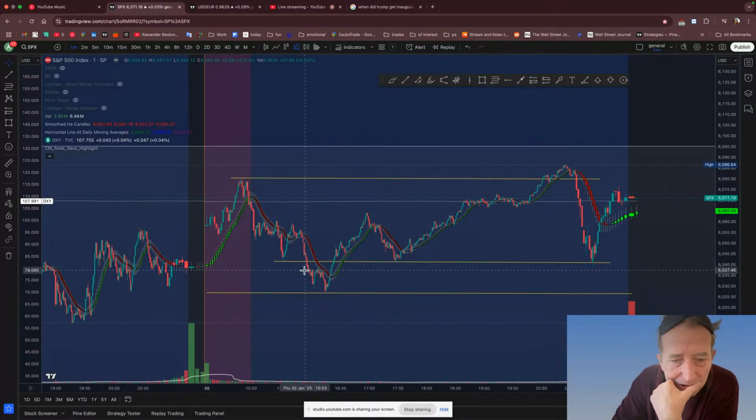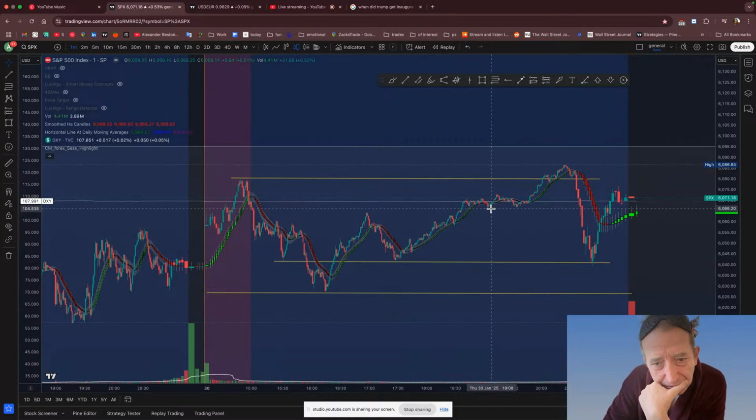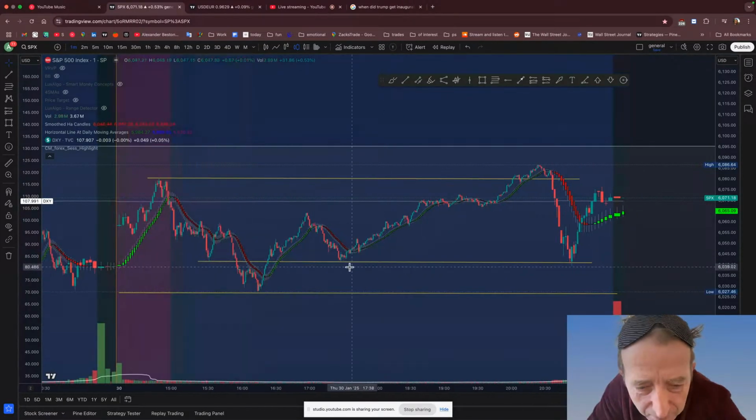So this looks to me like a sort of breakout, retest, and take off. And it sort of thought about it.